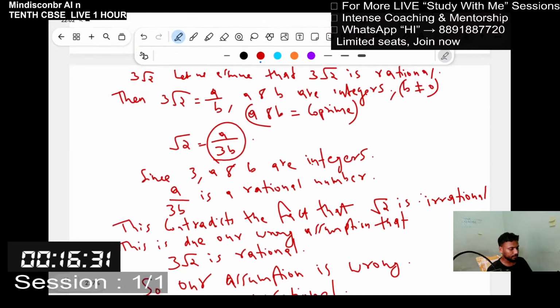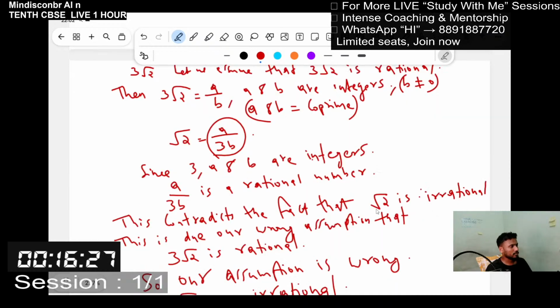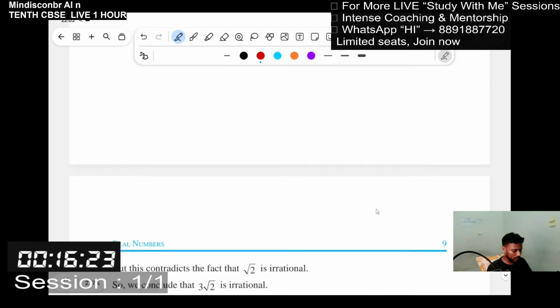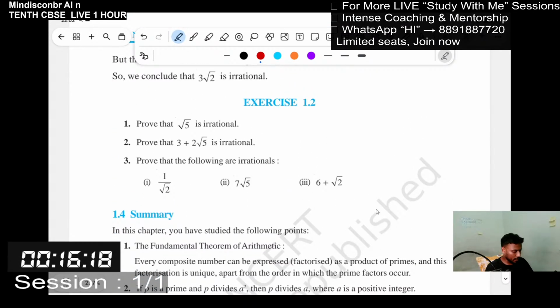And in the same way we have to do the other questions also. Prove that root 5 is irrational.